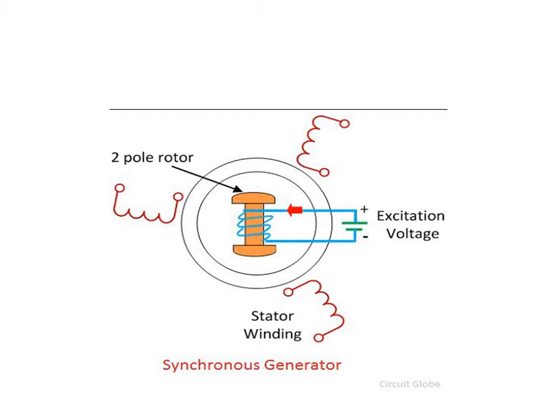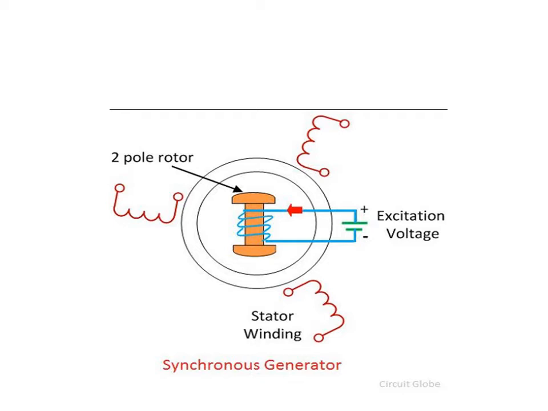Already we have studied three-phase AC circuits: to generate the three-phase AC signal, there should be three sets of windings, R, Y, B, connected in such a way that the EMF induced in the three windings are 120 degrees out of phase with each other.